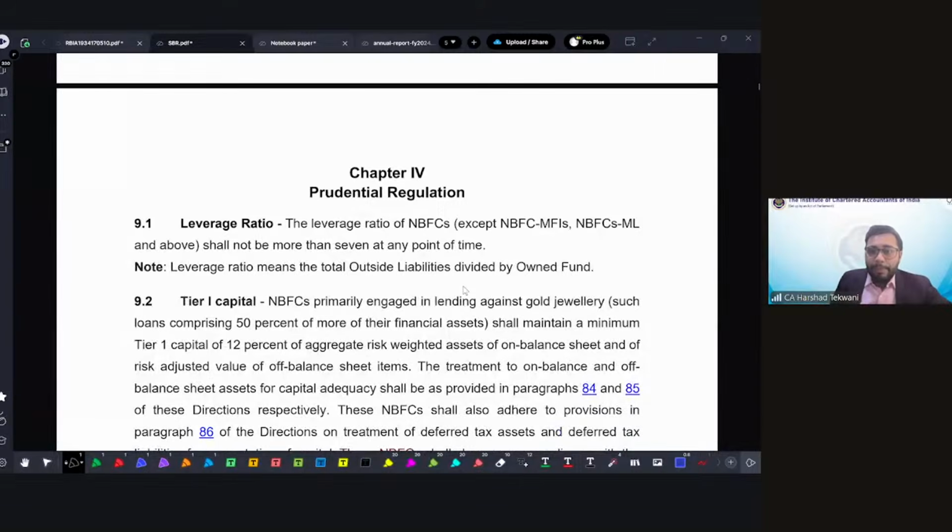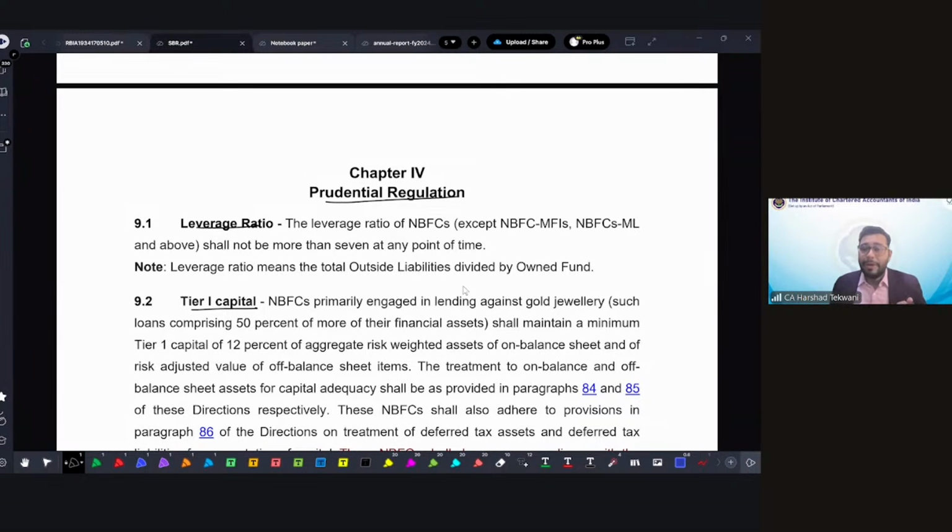So these are the prudential norms or prudential regulations. These norms are additional requirements, apart from the net owned funds, which an NBFC is required to comply with. For example, leverage ratio, tier one capital, provisions. All these requirements are required to be maintained, not only the net owned funds.